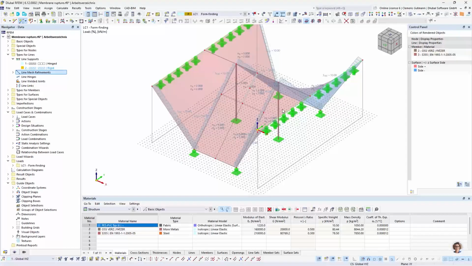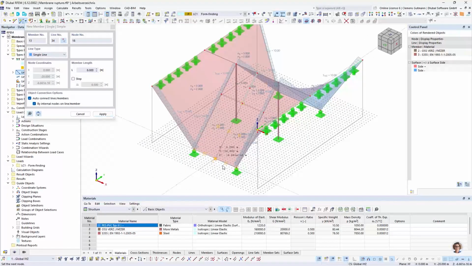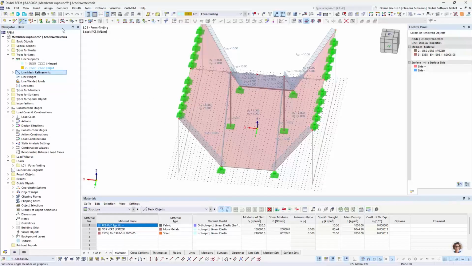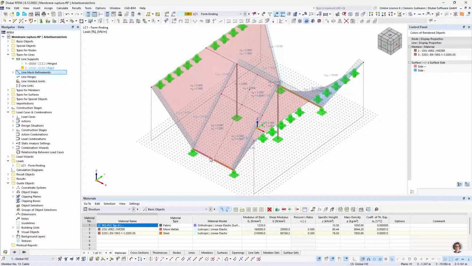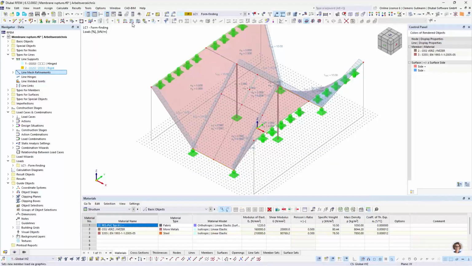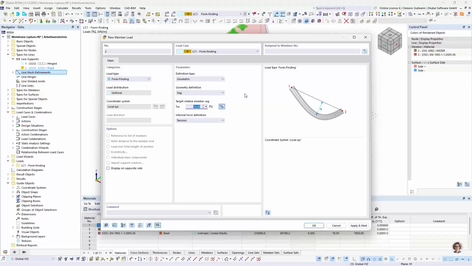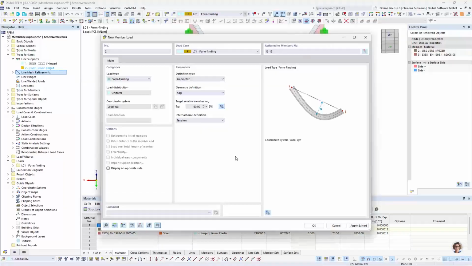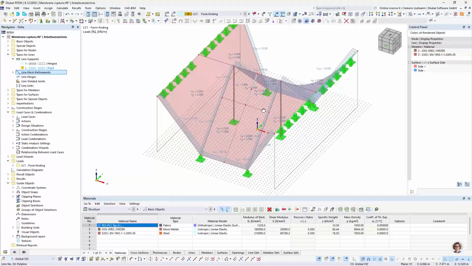Cable. Cross section. Okay. It's 60% for them. All right.